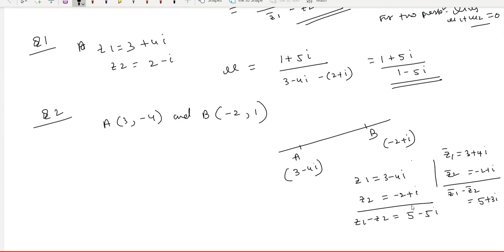So in this case, mu is going to be (5 minus 5i) by (5 plus 3i). This is the complex slope of the line segment joining the two points.